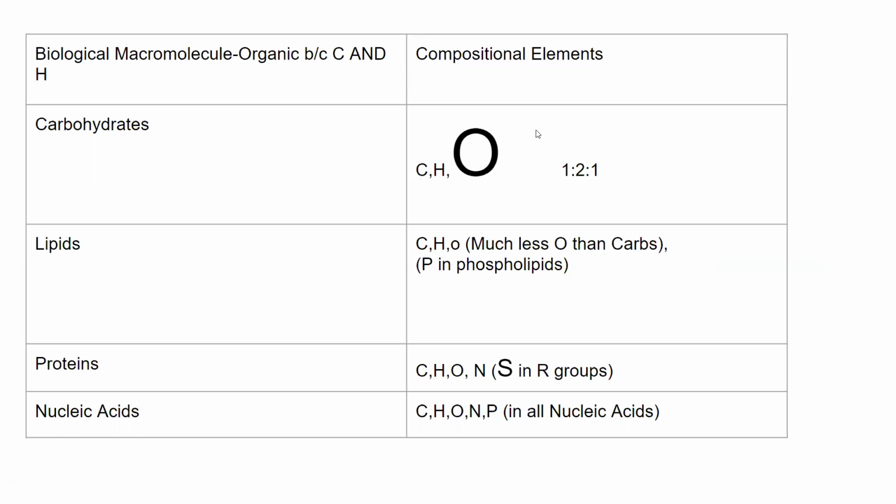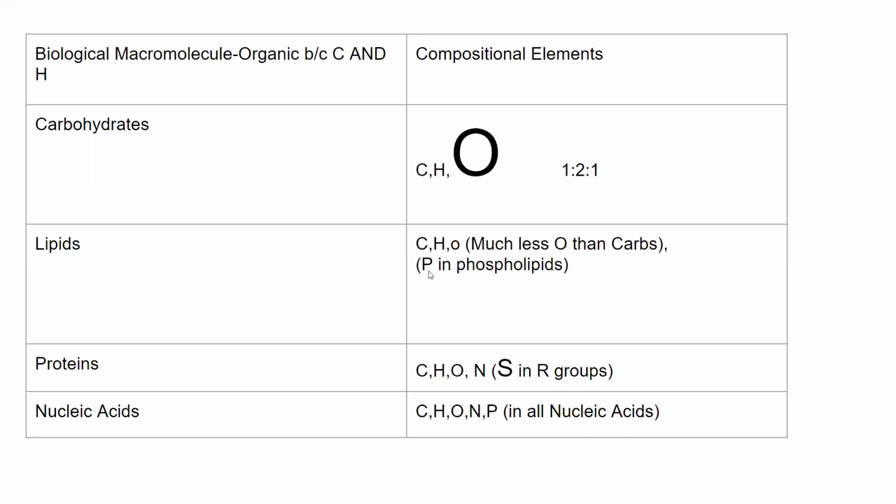That is one way to know, because lipids also have carbon, hydrogen, and oxygen, but they don't have very much oxygen relative to the other 2 elements. Now, all of them have carbon and hydrogen. You cannot be an organic macromolecule if you don't have carbon and hydrogen. All of them have it, but the way to know is to look at how much oxygen, if they only have carbon and hydrogen. That's one way.